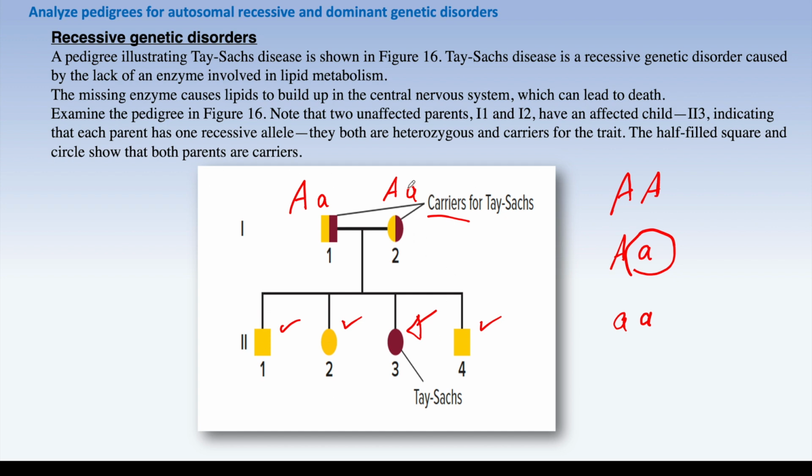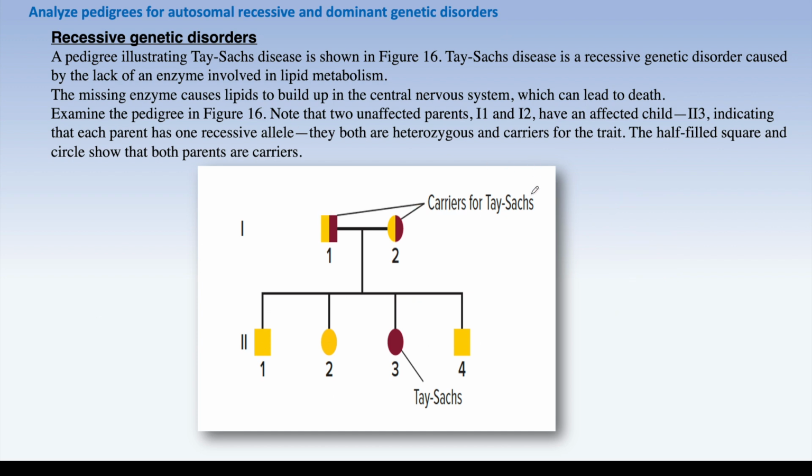Because she took one recessive allele from her mom and another recessive allele from her dad. That's why she is now affected. What about her sister or her brothers? They did not take the 2 recessive alleles from their parents.